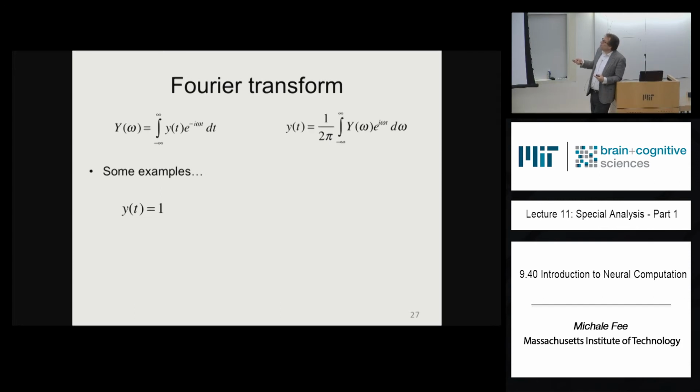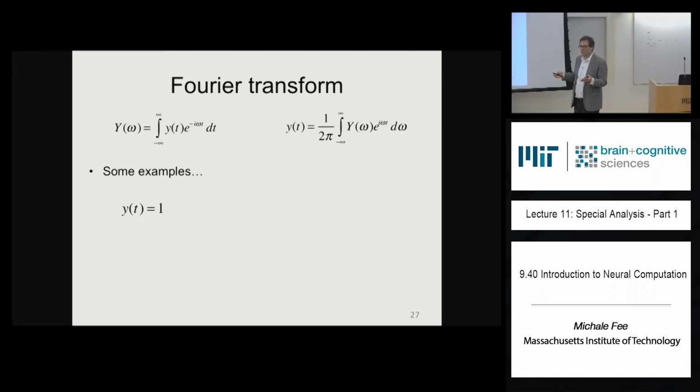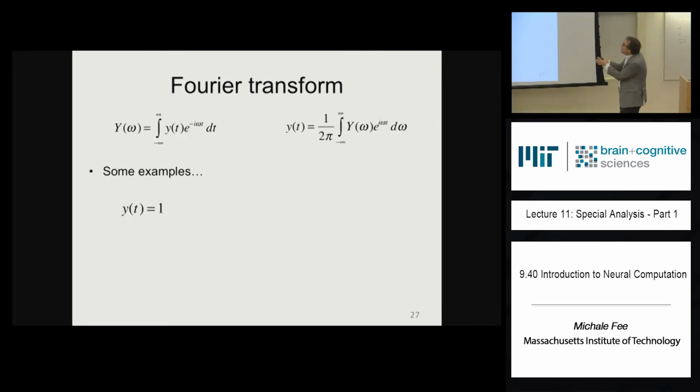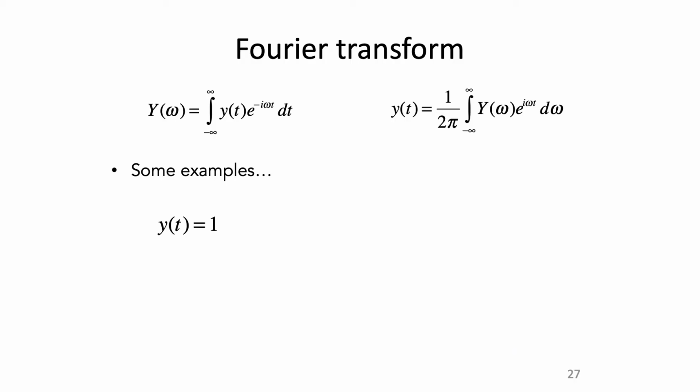Remember, let's say omega equals 1, 1 hertz. This is just a bunch of sines and cosines. So when you integrate over sines and cosines, you get 0. Integral over time of cosine is just 0. But if omega is 0, then what is e to the i omega t?